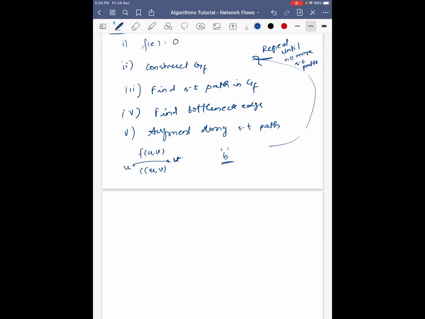If it's a backward edge, that means I can undo that much flow in the backward direction along this edge. If this is a backward edge in G. Oh, okay.